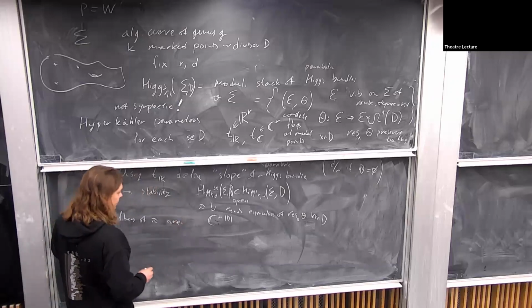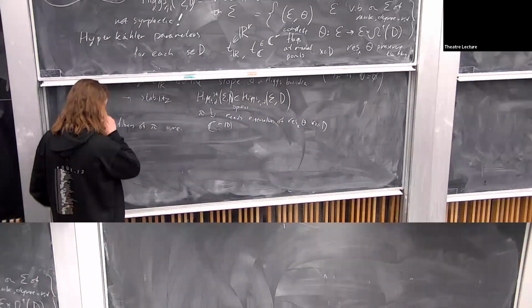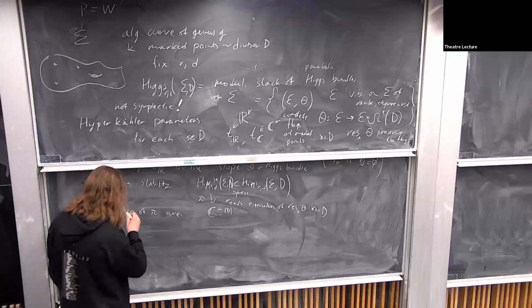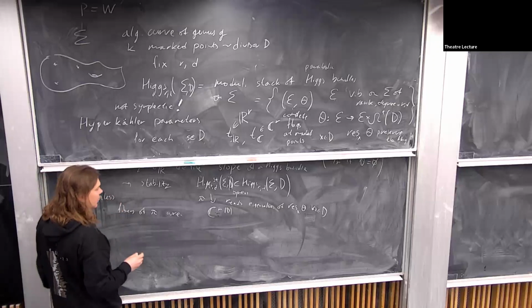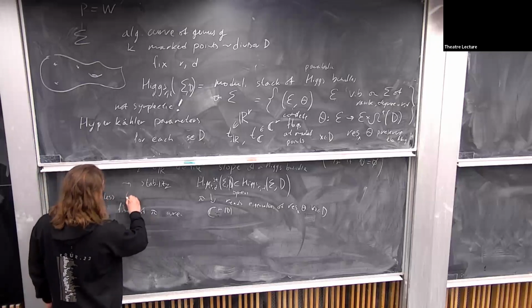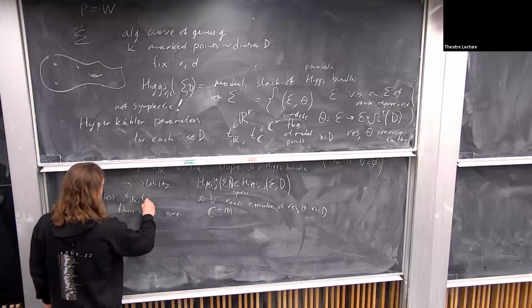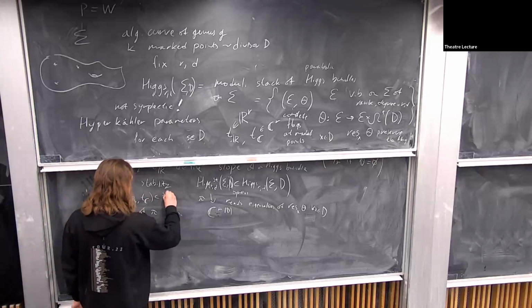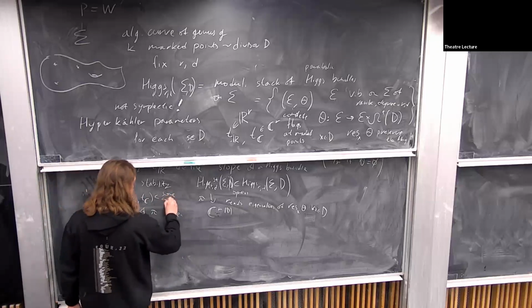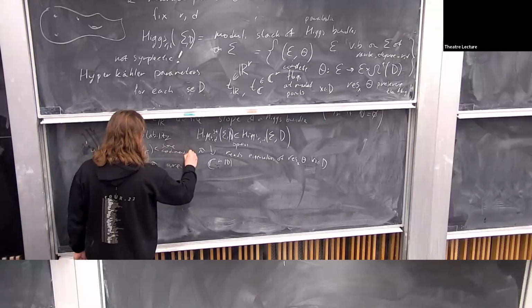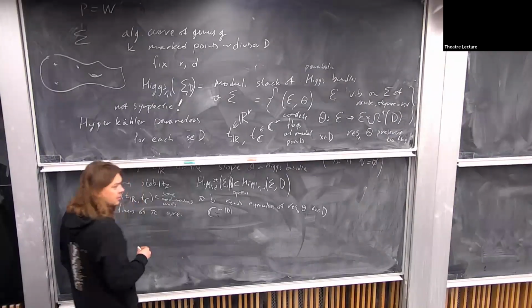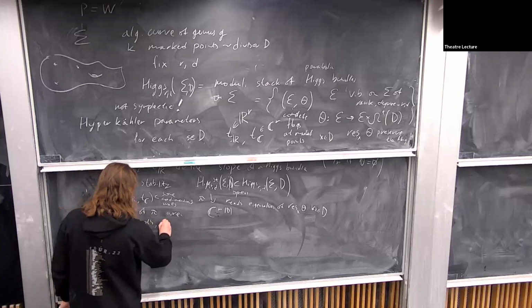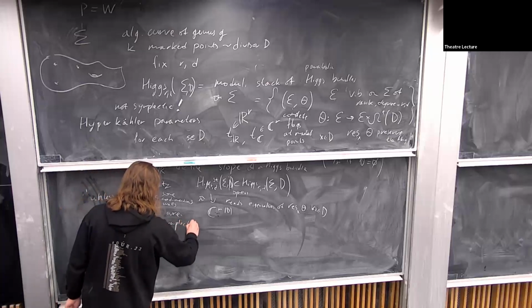So, unless these parameters belong to some exceptional codimension 3 walls, the fibers are actually smooth symplectic varieties.